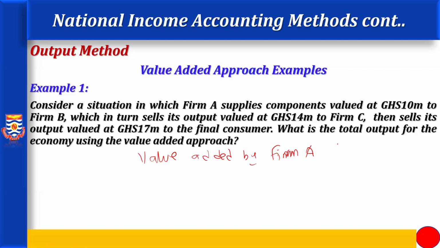So firm A's value added was from 0 to 10 million because there was nothing, and they produced something worth 10 million and sold it to firm B. So the value added by firm A is actually 10 million.